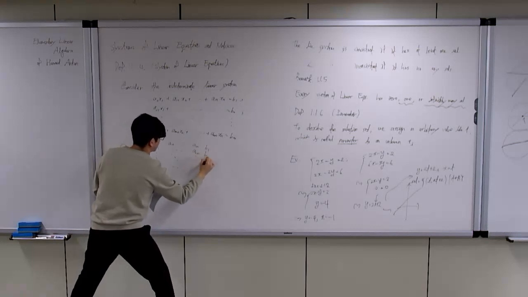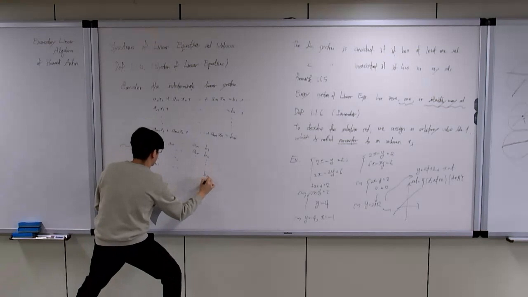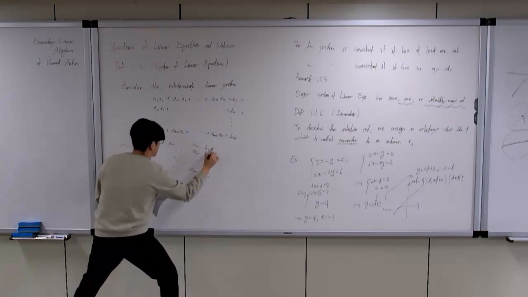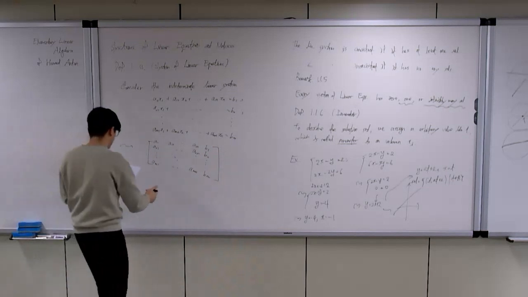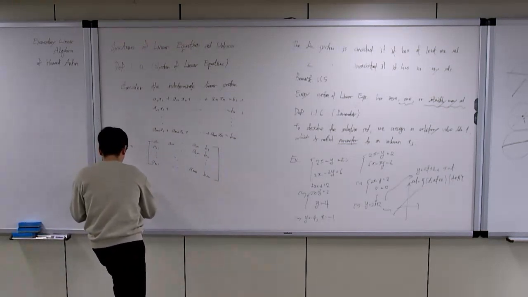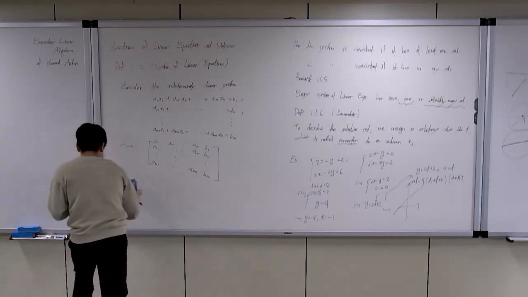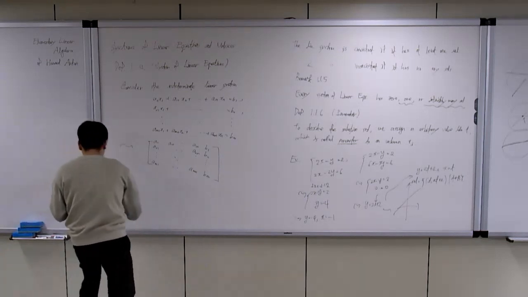With b1, b2, up to bm and amn, this matrix is called the augmented matrix.